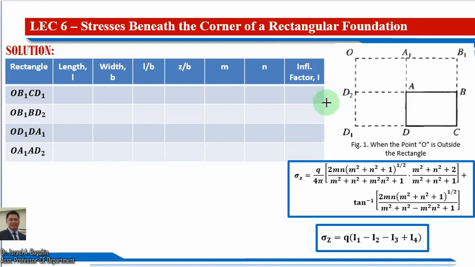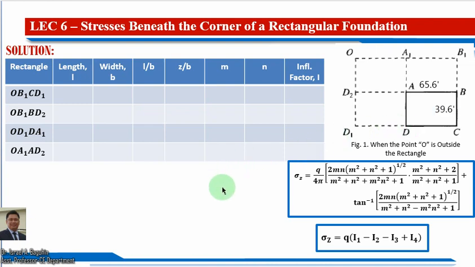So given the problem, we have side AB, which is equal to 65.6 feet. Another given is side BC, which is equal to 39.6 feet.